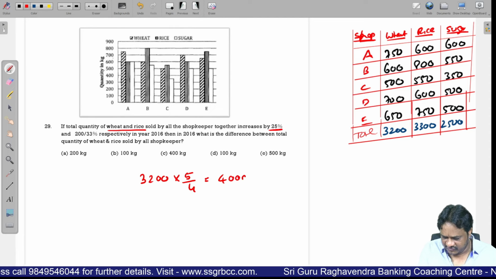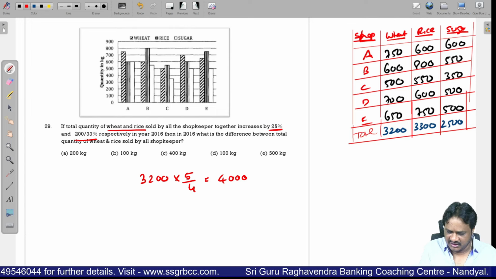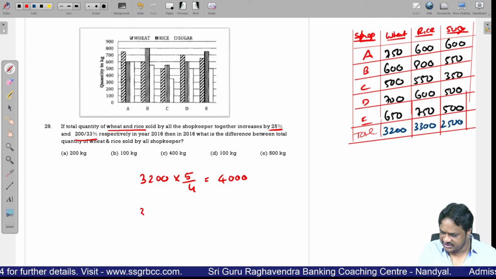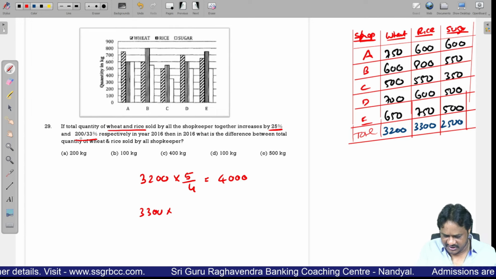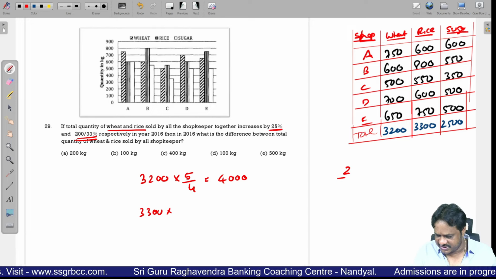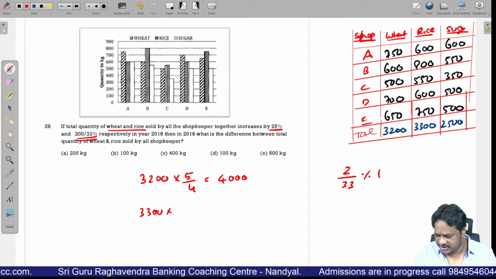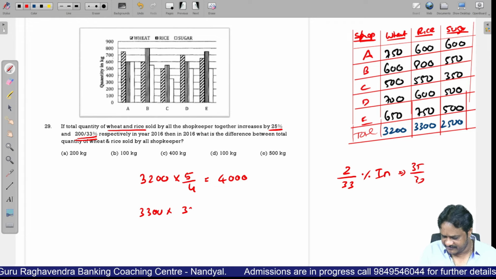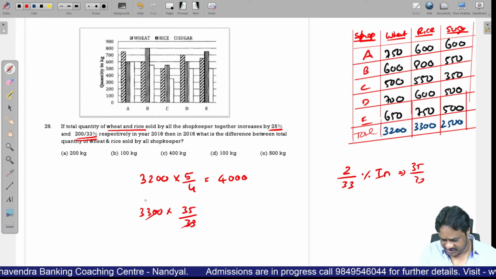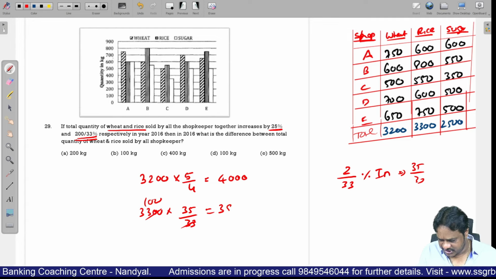We will get 4000. Then rice. Total rice is 3300, increased by 200 by 33%, which means 2 by 33. 2 by 33 increase means it will be 35 by 33. Therefore, we will get 3500.